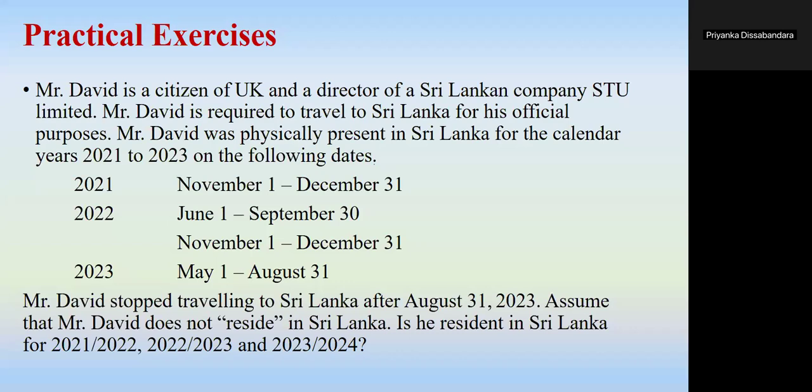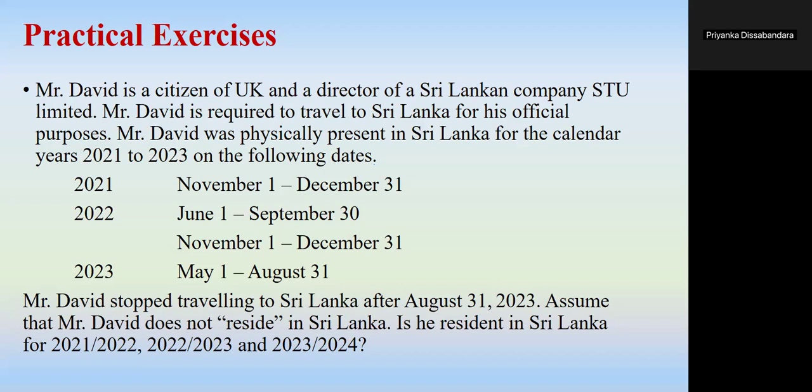In this case, Mr. David came to Sri Lanka on 1st of October 2021 and he stayed until December 31st of 2021. Then again, he came to Sri Lanka on June 1st and stayed until 30th September.